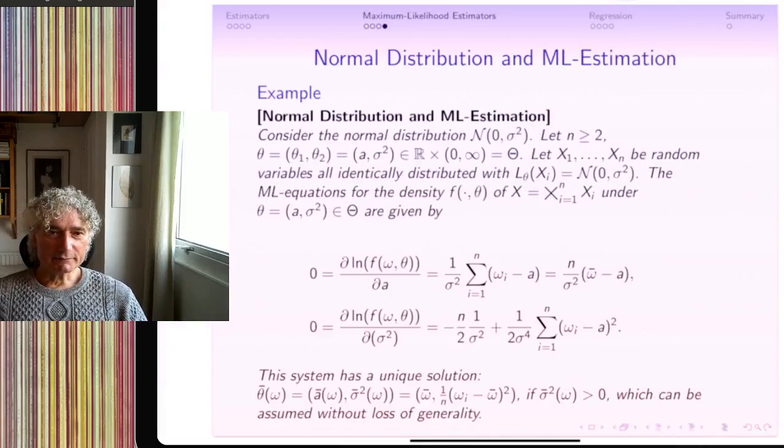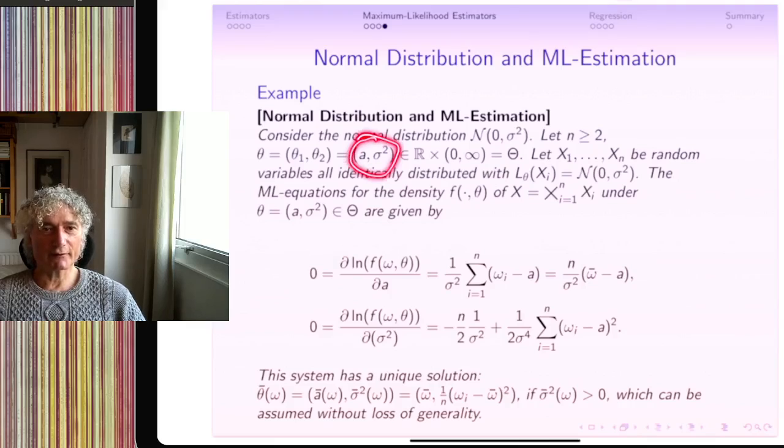Let's make an example. What are the ML equations if you assume that the distribution is given by the normal distribution? So let's consider we have n bigger or equal to 2, and we have in this problem two parameters, given by the mean and the variance of the normal distribution.